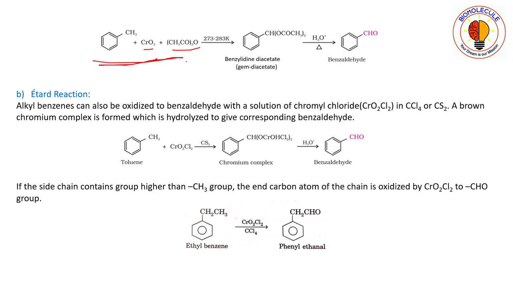Then benzaldehyde is further trapped by the acetic anhydride, so you now get benzylidene diacetate, that is a gem diacetate. Further acidic hydrolysis of this will give you benzaldehyde, and the structure of this is like this.